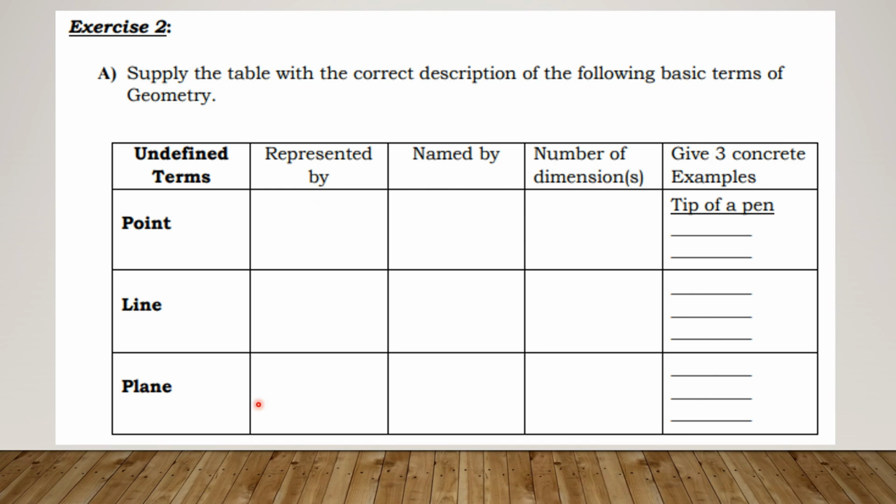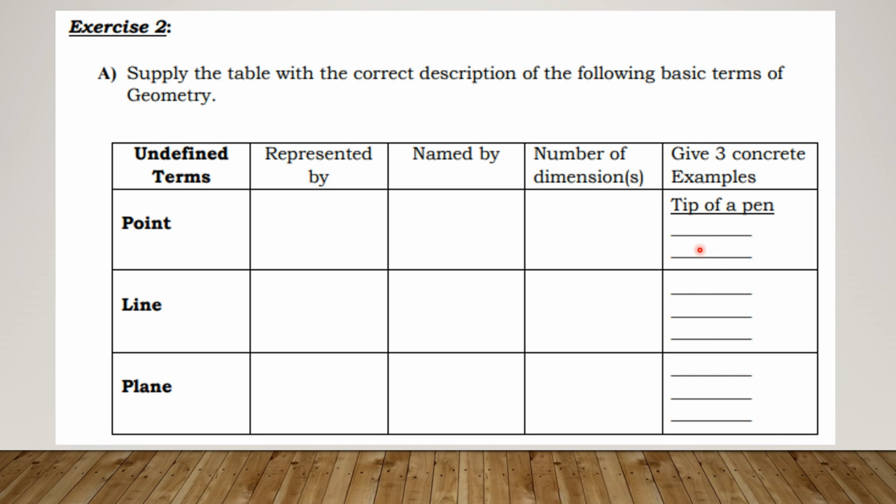Then, how to name the point? How to name a line and plane? The number of dimensions of the point, line, and plane. After that, you will give at least 3 concrete examples. So I put one here, tip of a pen.